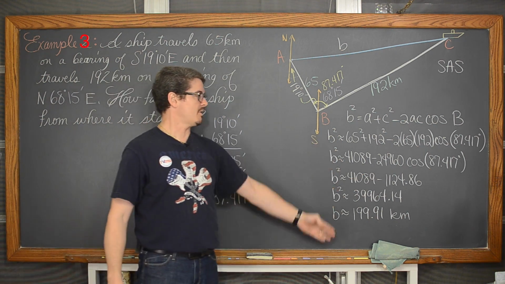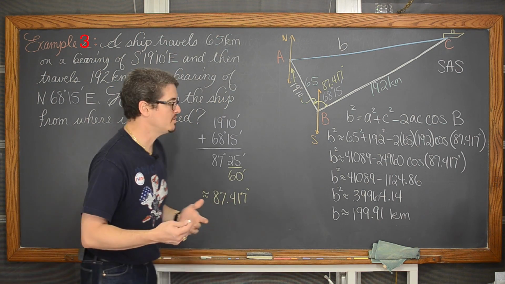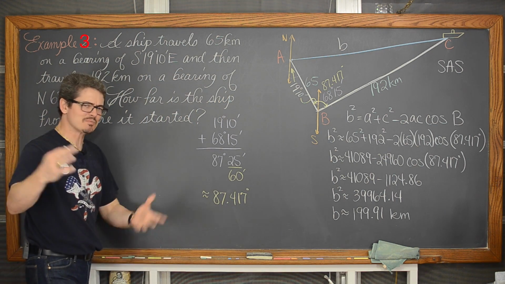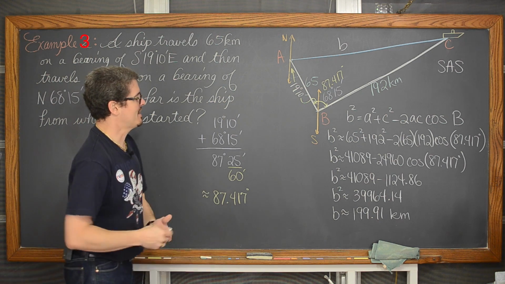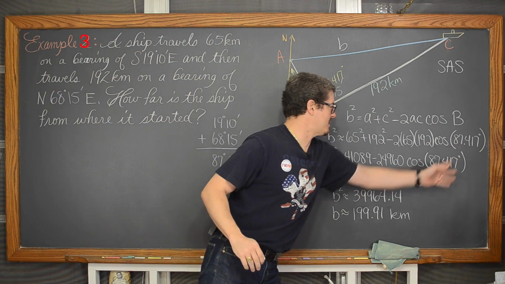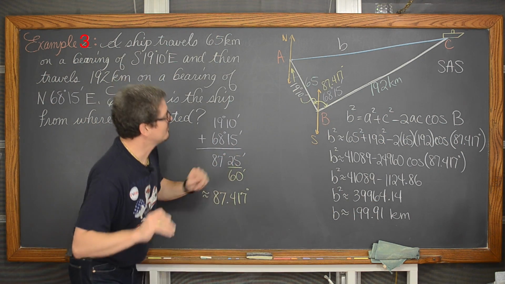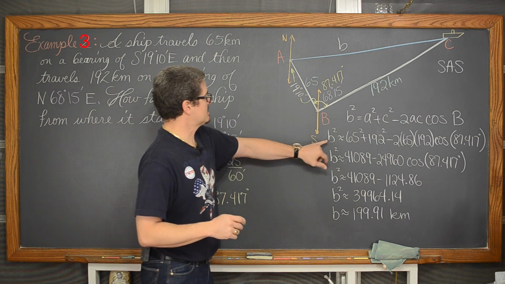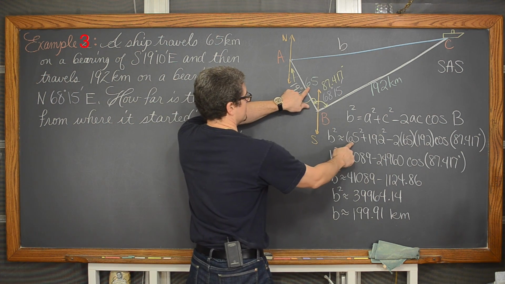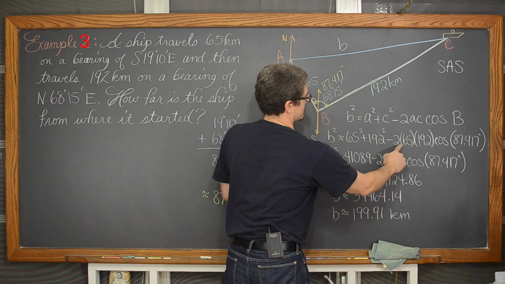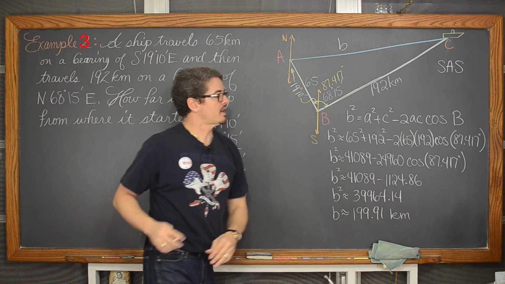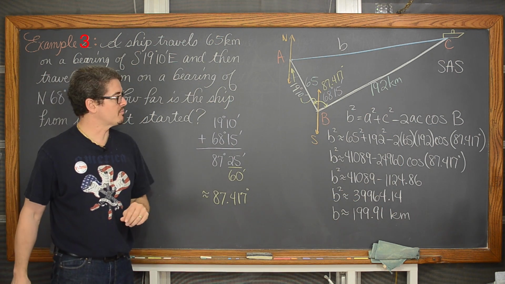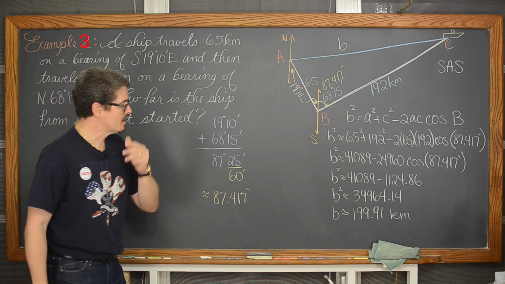I wouldn't mark off for my students doing that, but some of the more strict people on YouTube say, hey, this was an approximated value, so this isn't exactly equal. But at any rate, we have that B squared is equal to 65 squared plus 192 squared minus 2 times 65 times 192 times the cosine of 87.417 degrees.